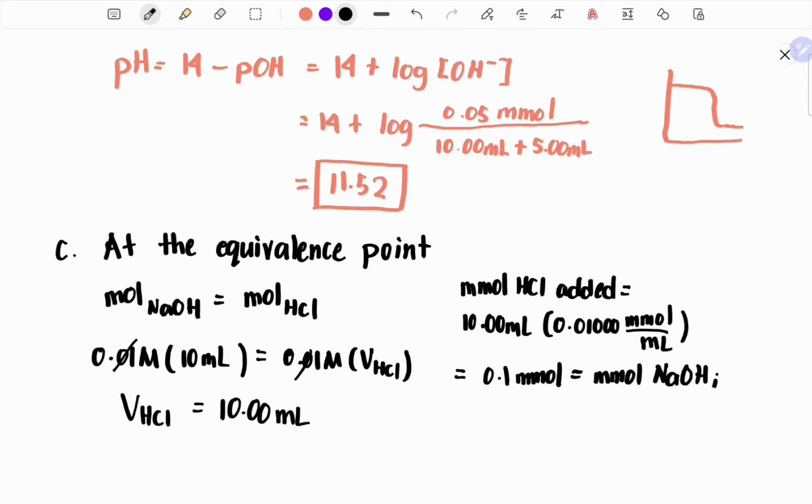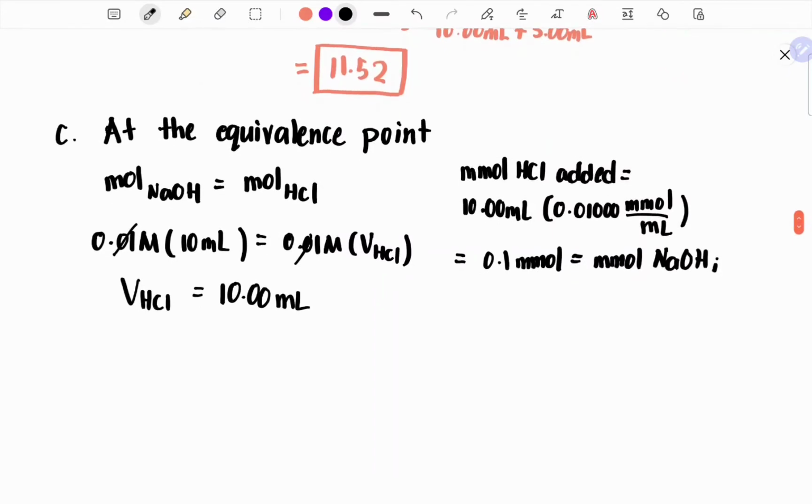If there are equivalent amounts of hydrochloric acid and sodium hydroxide, then that means there is neither hydrochloric acid nor sodium hydroxide left to determine the pH for the equivalence point.